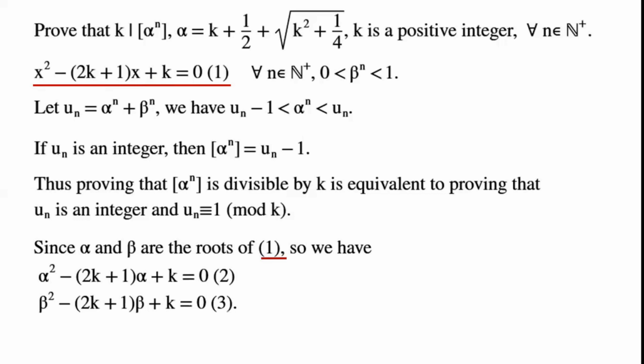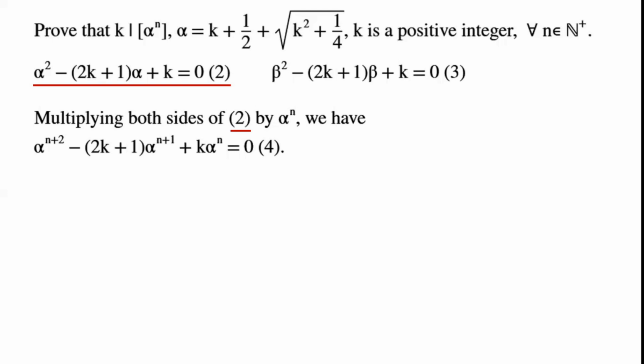Since alpha and beta are the roots of equation 1, so alpha squared minus 2k plus 1 times alpha plus k equals 0 (equation 2), and beta squared minus 2k plus 1 times beta plus k equals 0 (equation 3).